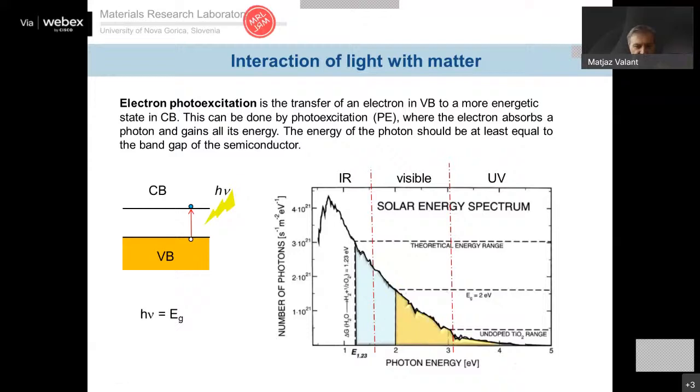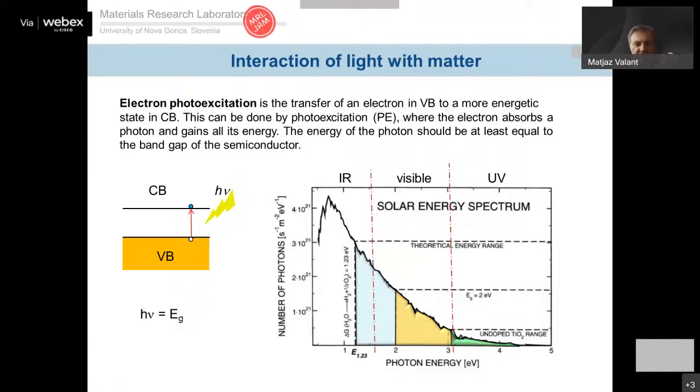If titania had an energy band gap of at least 2 electron volts, then titania could absorb all this orange part of the spectrum. But this is not the case. Titania has a very high band gap and can only absorb this part of the spectrum, which is mostly ultraviolet and basically no visible light.